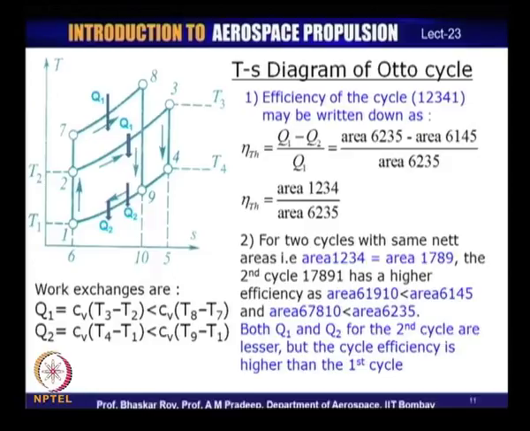Which means if you can do the heat input at a higher pressure, now this is the higher pressure line in the TS diagram, 7, 8 is a constant volume line, sorry, if you can do the heat input at a constant volume line, you can get a higher efficiency of the system, even if the net area is the same.